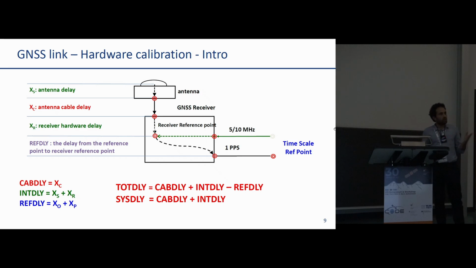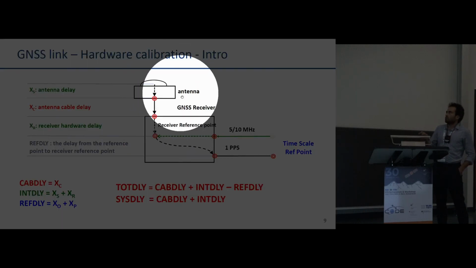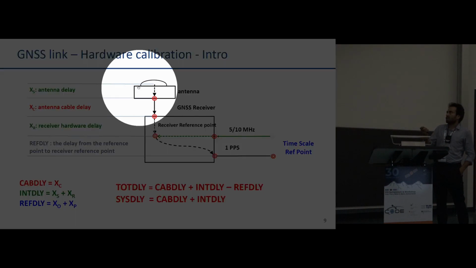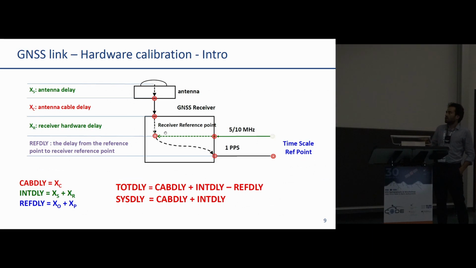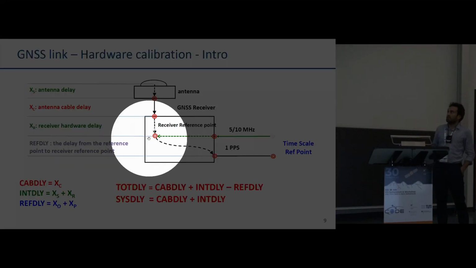To connect the clocks, one step is missing: the calibration of the hardware delay. In the timing community, normally we sum together the antenna and the receiver delay into a quantity called the INT delay.